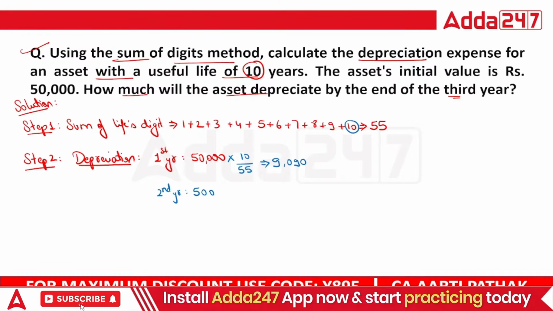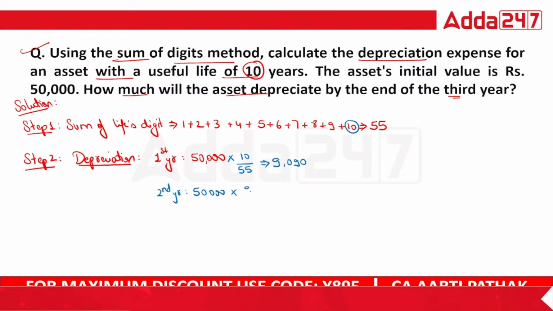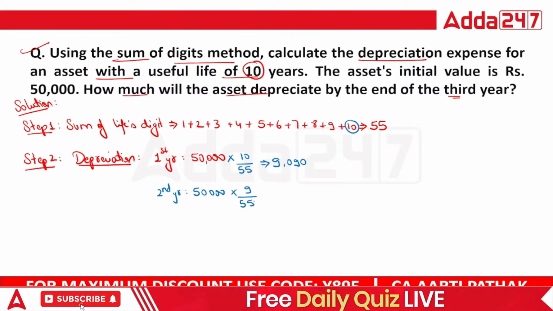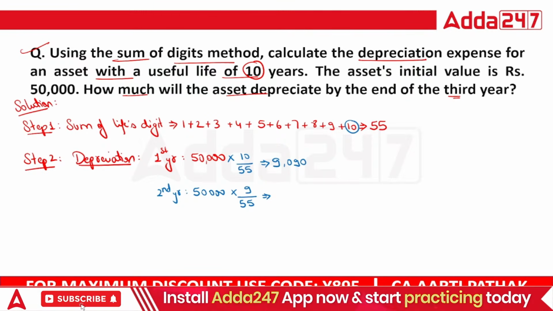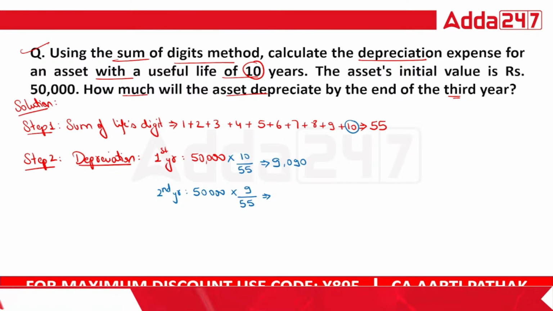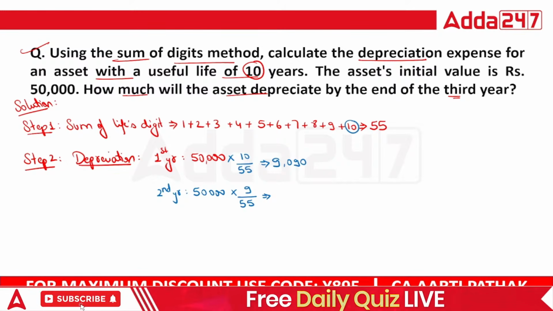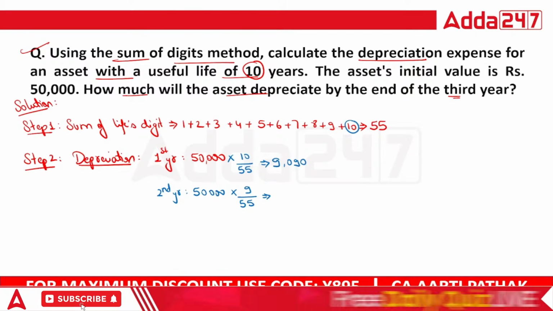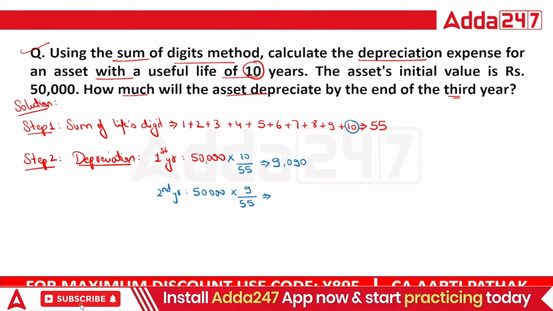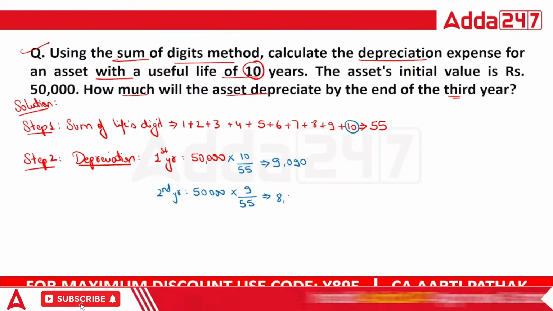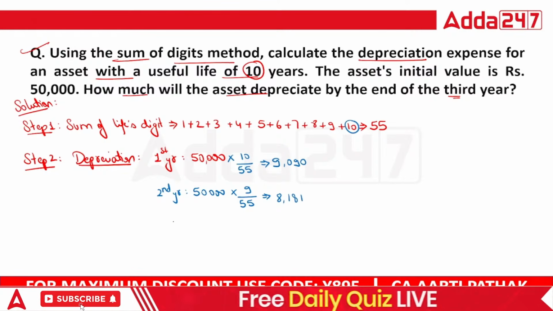Second year, again 50,000, next highest value, 9 divided by 55. So 50,000 into 9 divided by 55. This is your 8181.